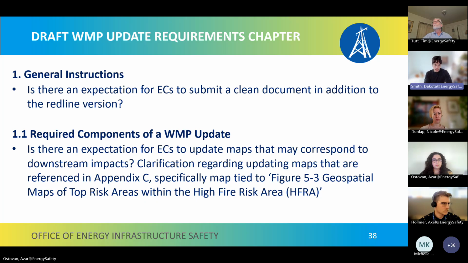And the answer is yes, if the information on the maps changes as a result of a reportable update to risk models, including any downstream impacts, then the electrical corporation must update the maps on its publicly accessible geospatial website associated with the EC's WMP.